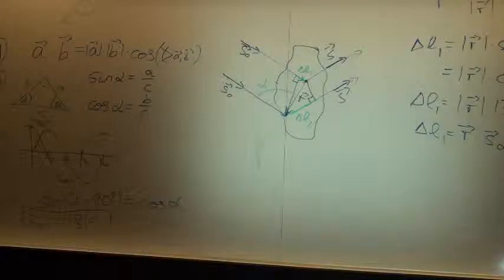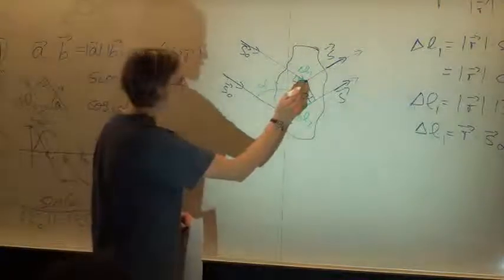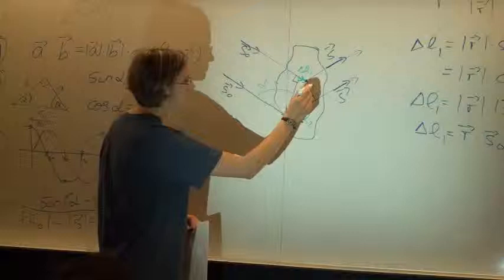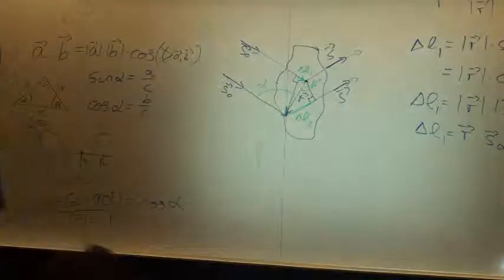So that's not a bad expression to use. Now, let's see whether we can do the same thing in the other one. Okay? Let's use the angle across from delta L2, and let's call it beta prime because we already used beta, we can't reuse it, right?